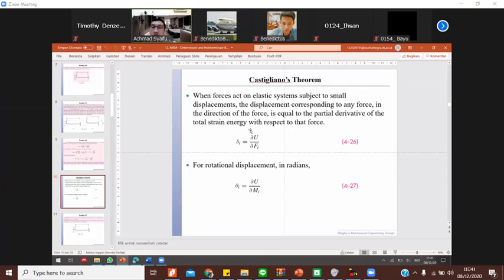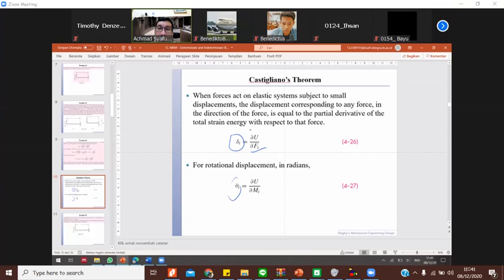And for the rotation or angle, it is the partial derivative of strain energy with respect to the moment. So here, deflection is with respect to the force.